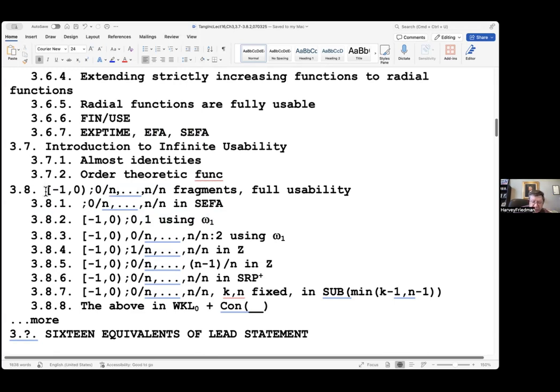I should put the semicolon in front. Oh, you know what? I shouldn't put that in front. I don't want to change notation. The semicolon always goes after the interval. This means it's the identity on this interval, and then it just progresses one after the other on here.